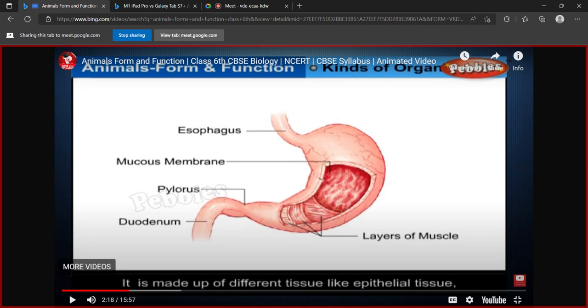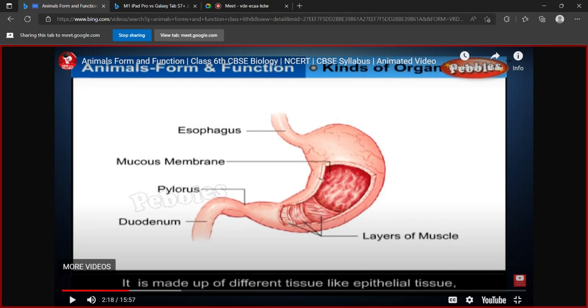This mucous membrane is secreted to protect the inner lining of the stomach from these hard substances that we are eating. As well as, sometimes the food that we take is acidic in nature, right? If we eat very spicy food, or drink soda and all, they are very acidic in nature.